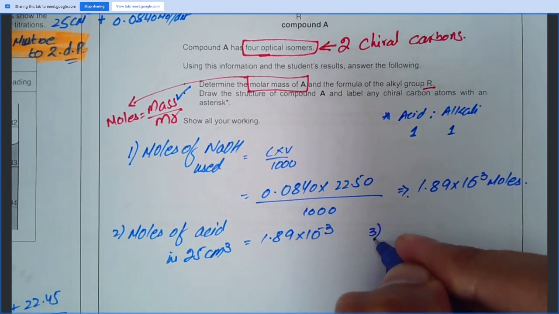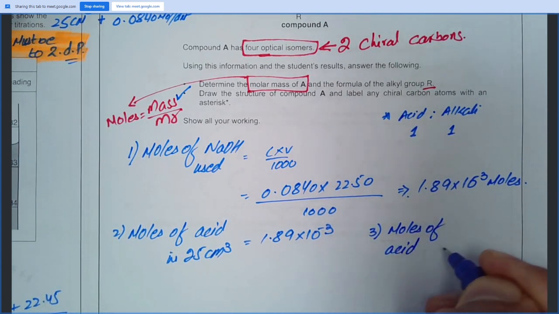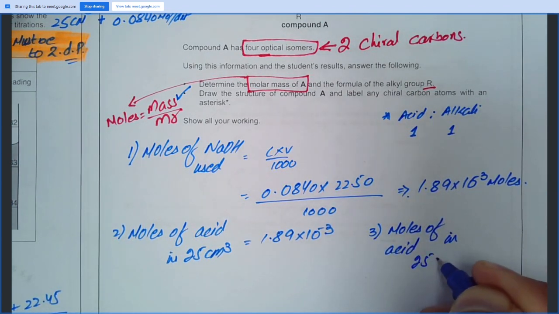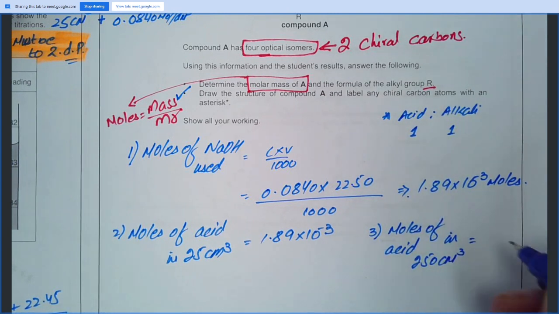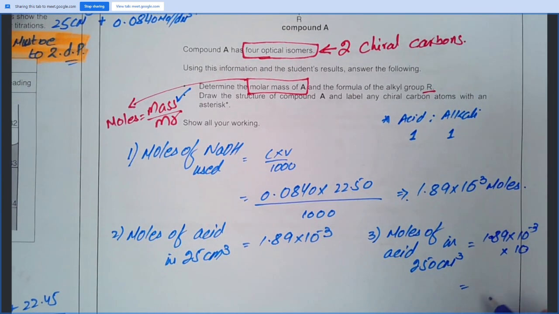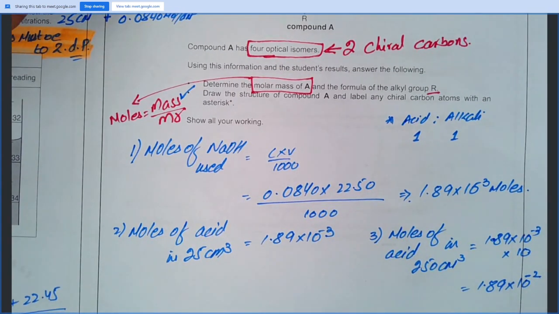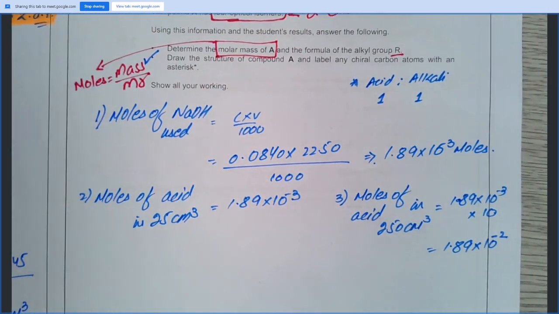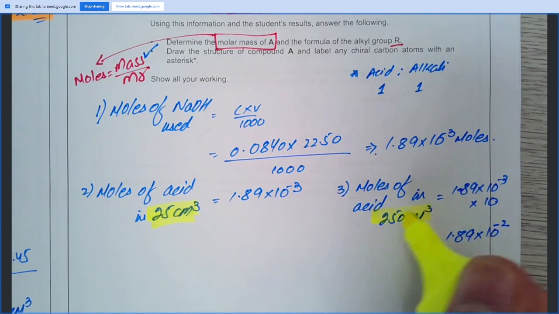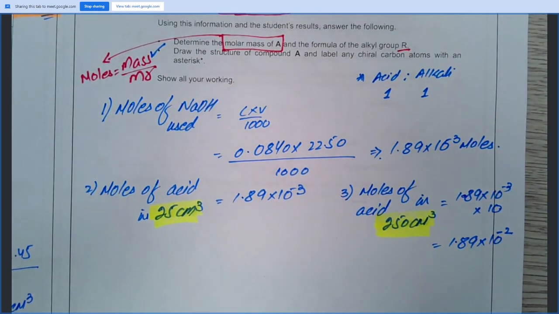Number 3, moles of acid in 250 centimeter cube will be 1.89 times 10 to the power of minus 3 times by 10, and this gives me 1.89 times 10 to the power of minus 2. So these are in 25, these are in 250. Now I know the moles of acid.